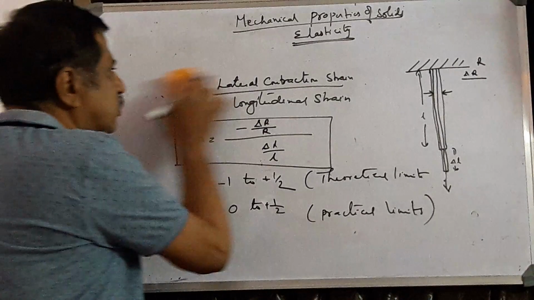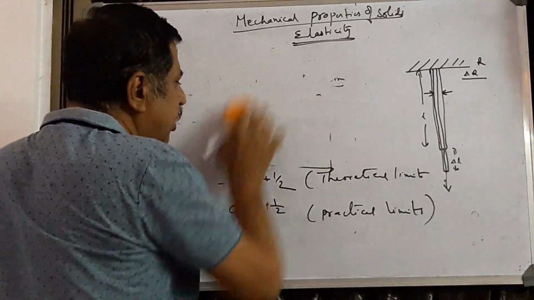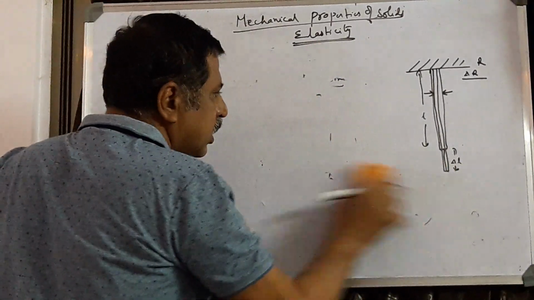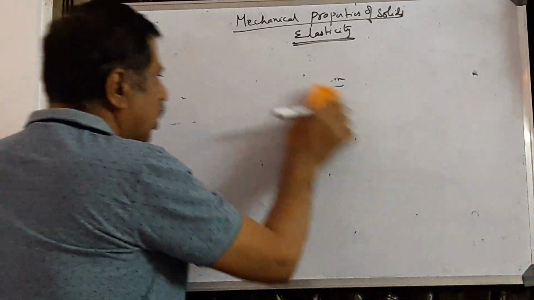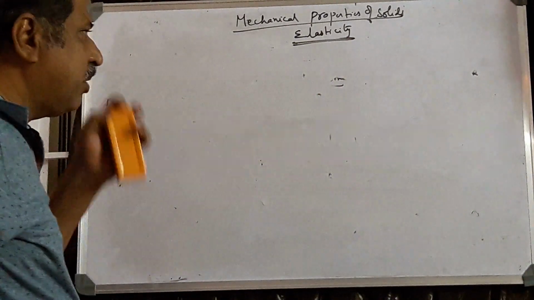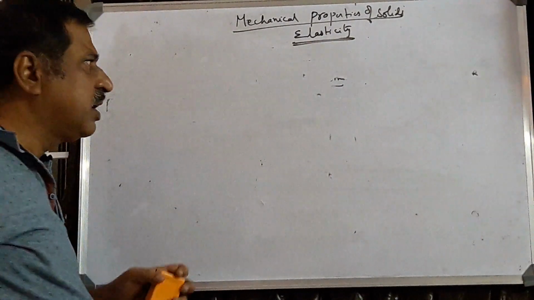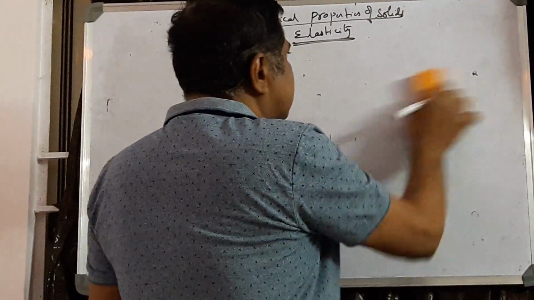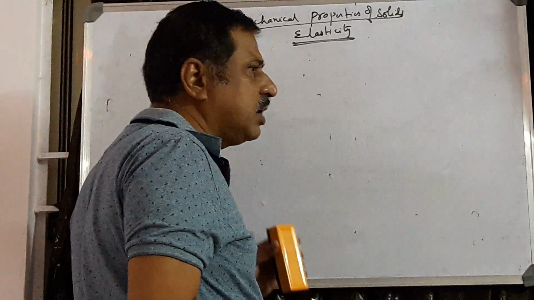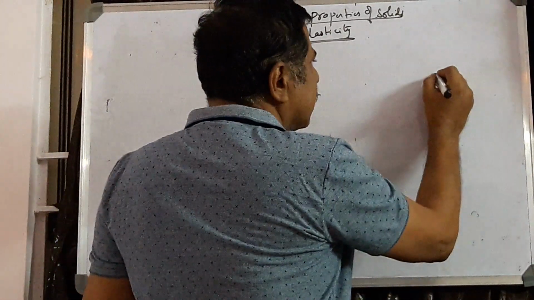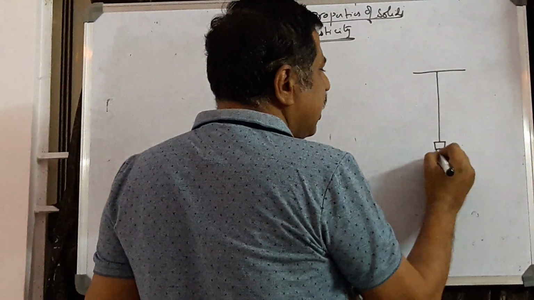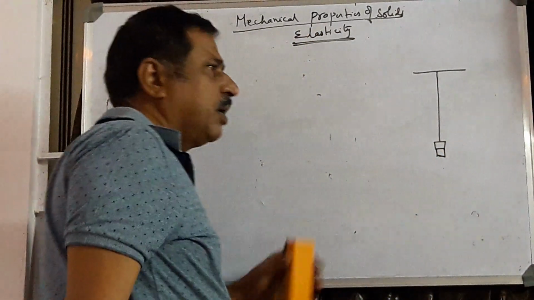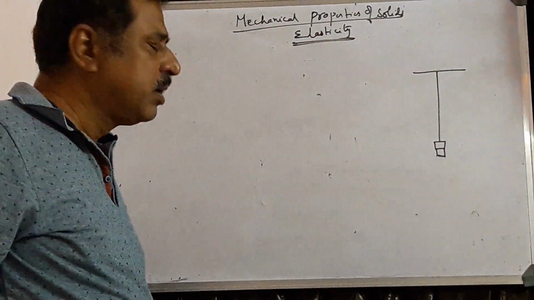Now we want to discuss the behavior of a wire under gradually increasing load, or the stress-strain curve in a stretched wire. For example, a wire is taken and a load is gradually increased on it. We study the behavior of the wire here.